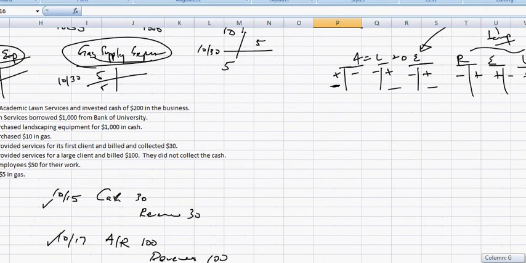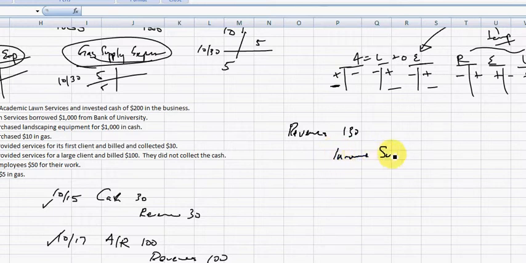The first thing we can do is debit revenues by $130 and credit a new temporary account called an income summary account, $130.